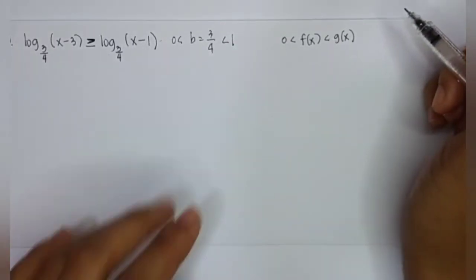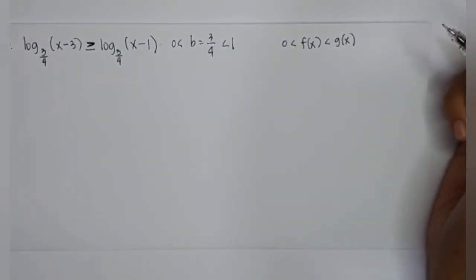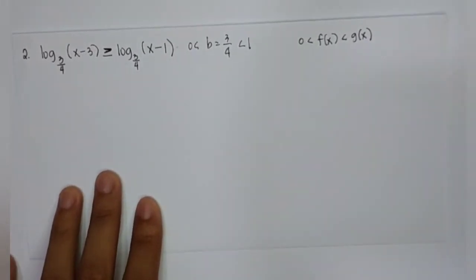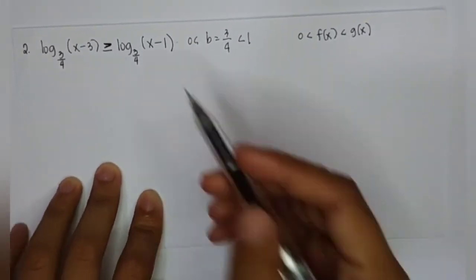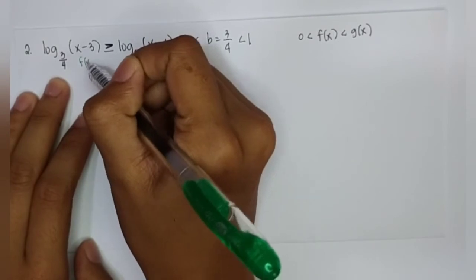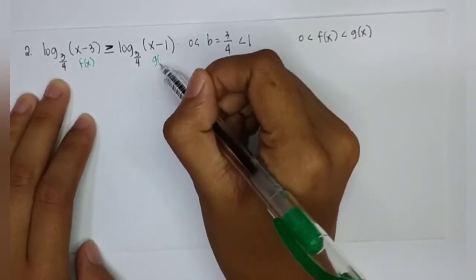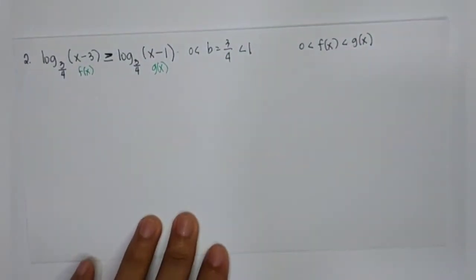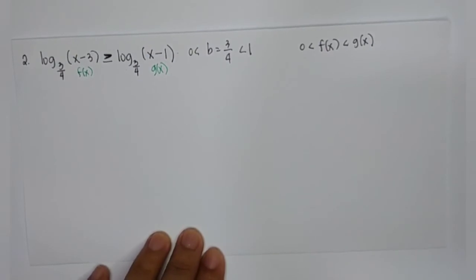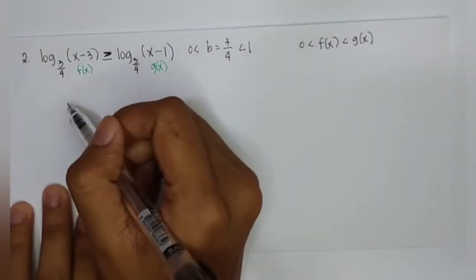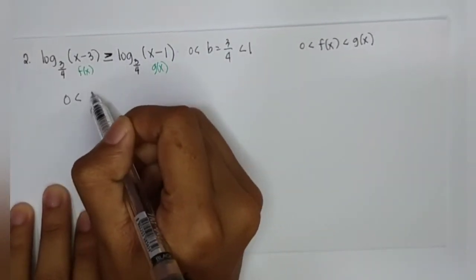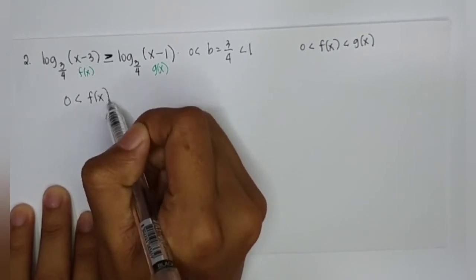This is our f of x and this is our g of x. Let's solve 0 is less than f of x first.